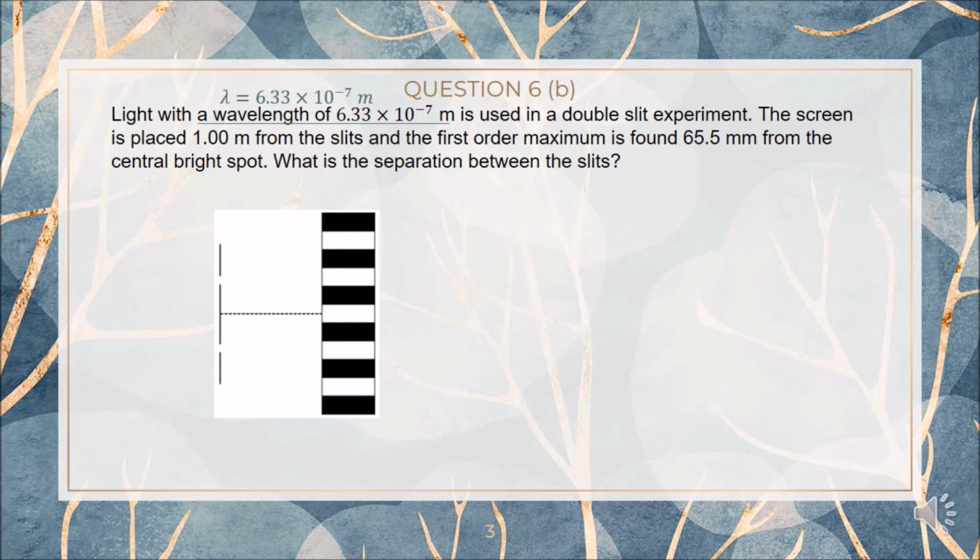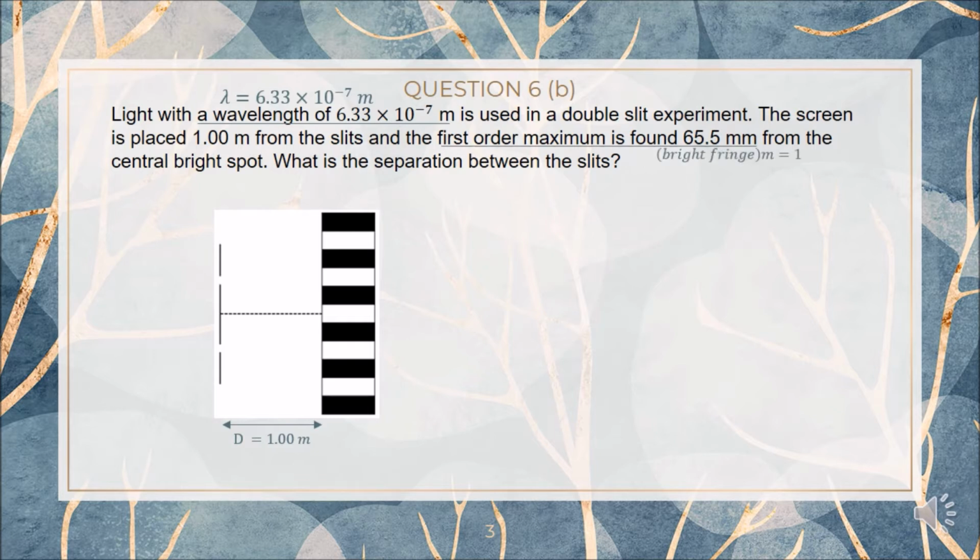Then, the screen is placed 1 meter from the slit, which is the D for this question. Then, the first order maximum is found at 65.5 millimeter, which is the bright fringe.